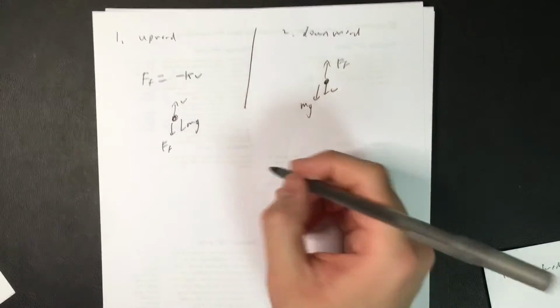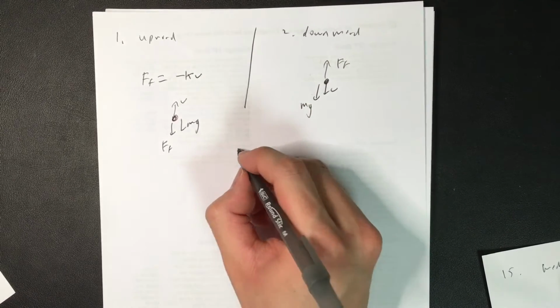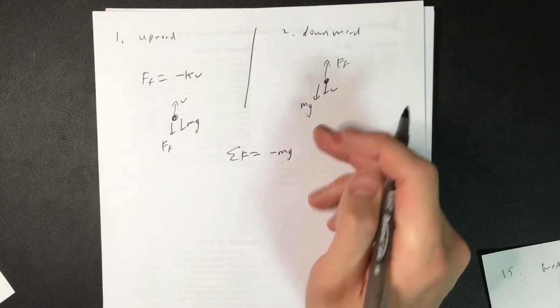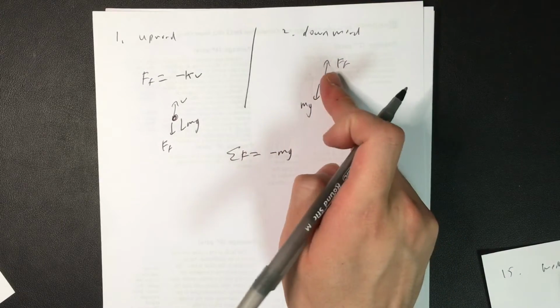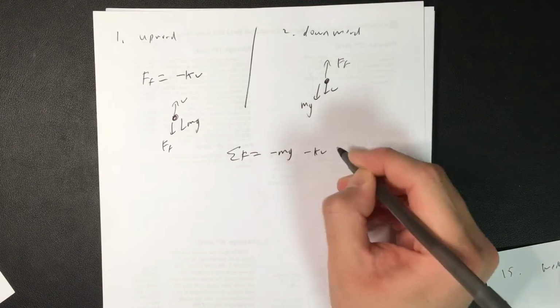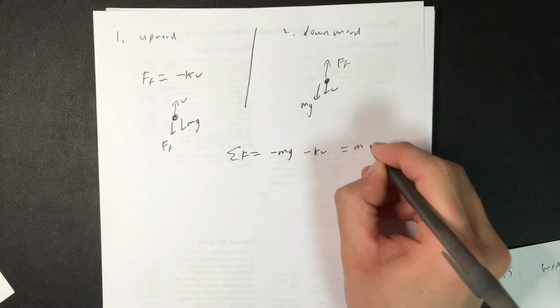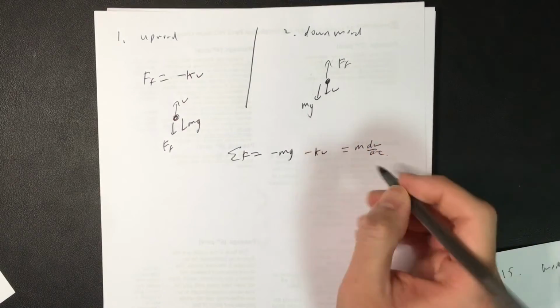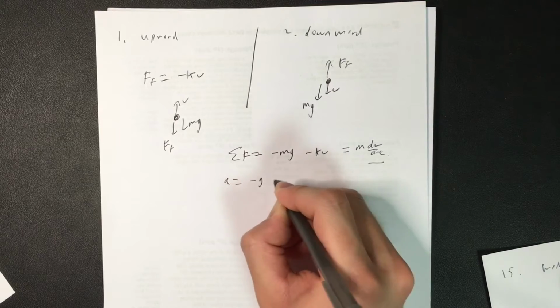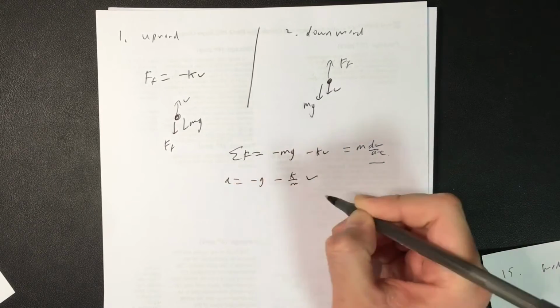Now, if I write the net force of this object, the summation of the force equals minus mg. This is minus because the weight is pointing downward, and minus kv, and this should equal m dv/dt. Now, solving for acceleration, I get acceleration equals negative g minus k over m v.